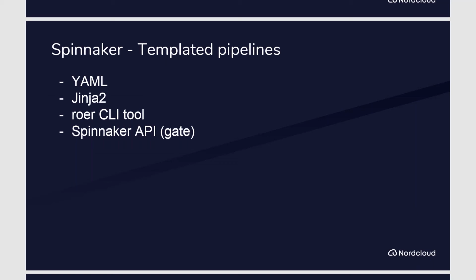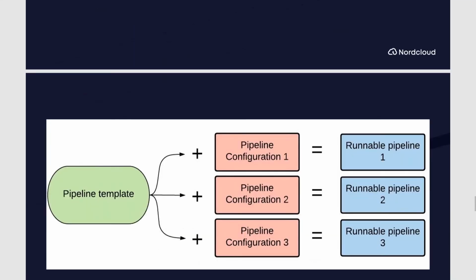For example, if you update a templated pipeline in Git, then you have a CI job that will automatically apply those changes to Spinnaker using the Roer tool. So this is how it should be done. No one should manually use the Roer tool.